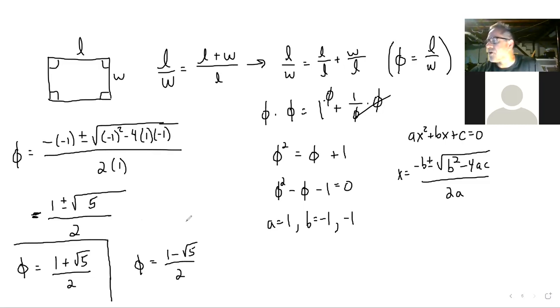There are 5 problems in this section. I'm going to assign just 5 problems dealing with this golden ratio and golden rectangle. But the last problem actually deals with that guy, that 1 minus square root of 5 all over 2.